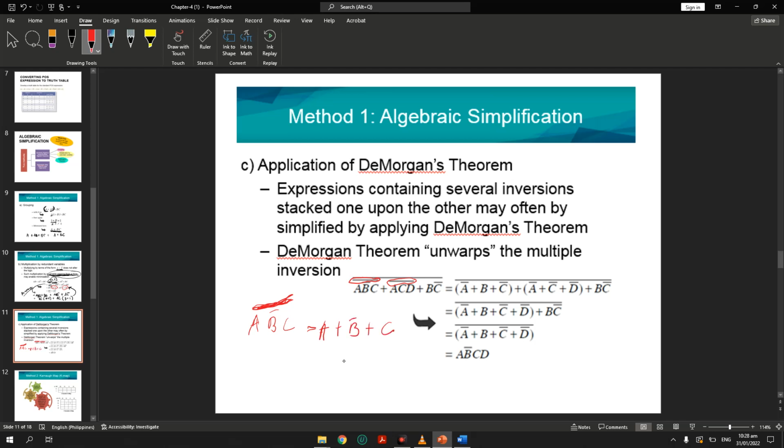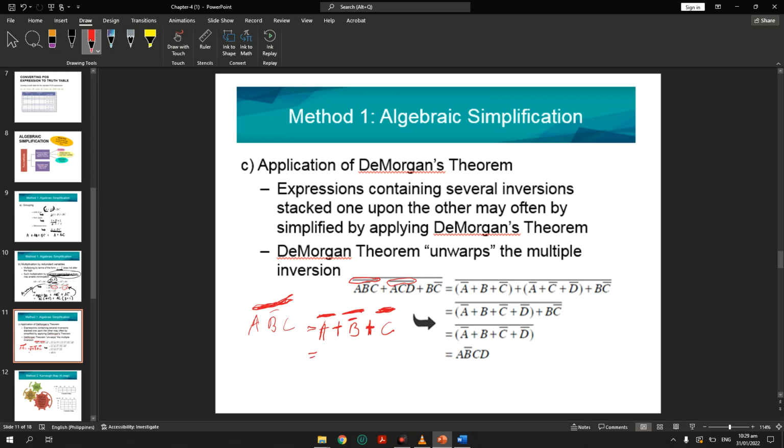But take note that we have to break the bar. So the long complement becomes broken into three. You break the bar, but we have to change the sign from multiplication to addition. So we have broken the long bar, and it becomes addition.